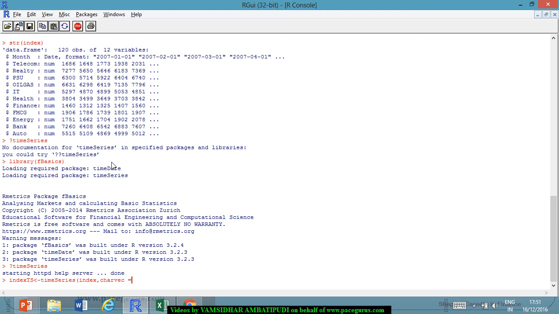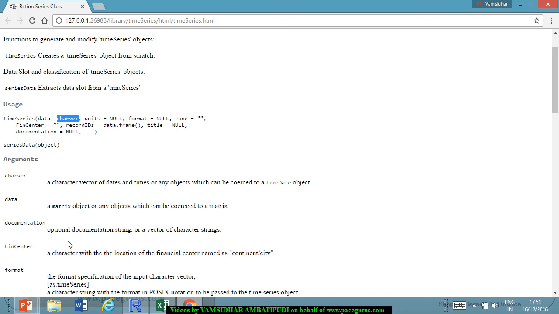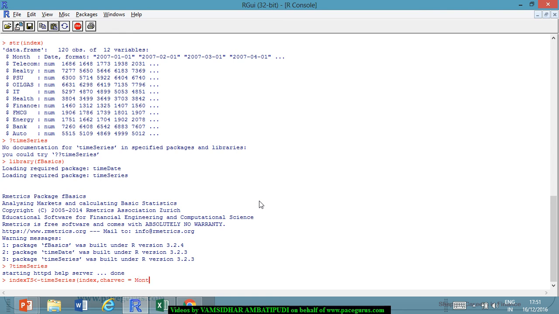I will consider the first column, which is the month column, because here it's a character vector of the dates and time. So I'll look at the month column. No, month column will not do the job. I'll say index$month, because it's a vector that it is expecting. So I have this data.